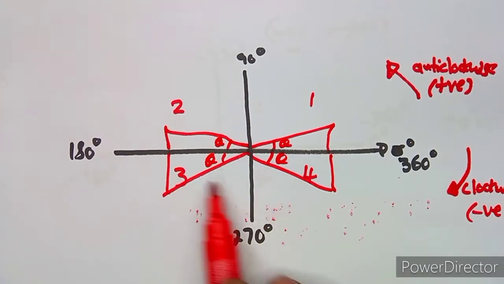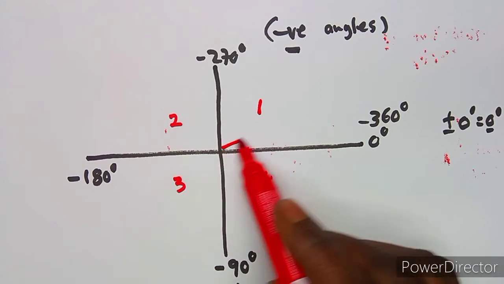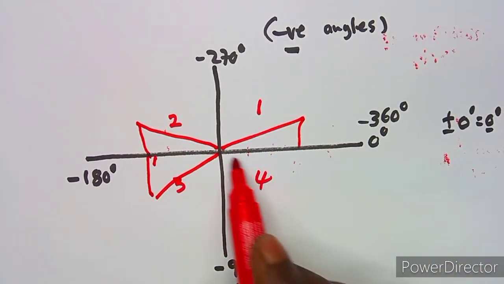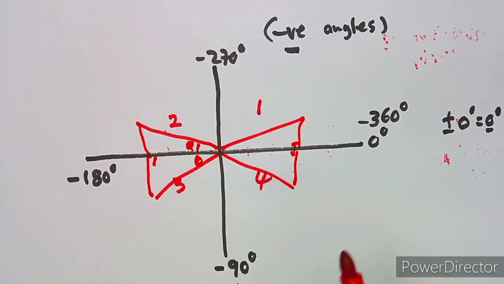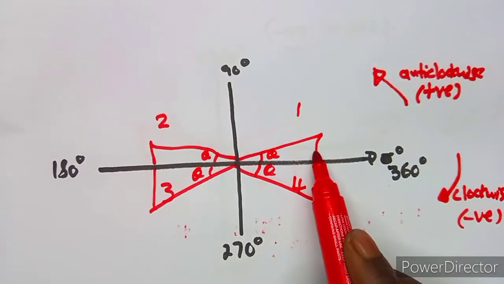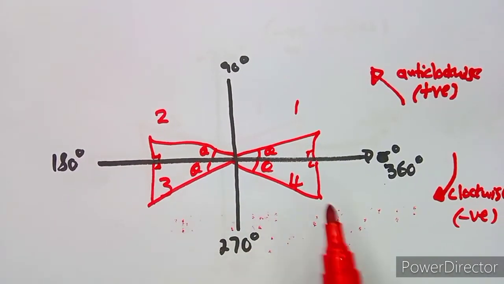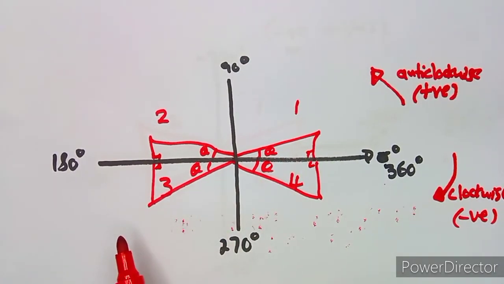Each and every quadrant is going to be having something like this. It's the same thing here. Each and every quadrant is going to have the same thing, just like this. 90, 90 there. This is your theta. So these angles will be at 90 degrees. As you can see, each and every quadrant is going to have a right angle triangle.